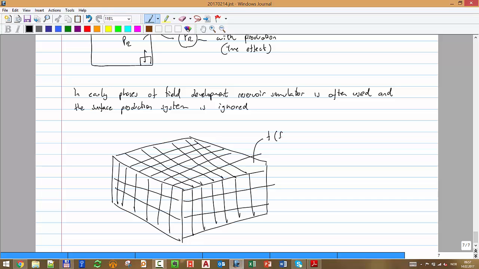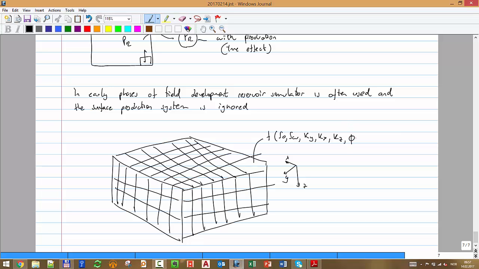I have to provide the oil saturation, the water saturation, and the permeability of that cell: permeability in X, in Y, and in Z. What else do I have to provide for each cell?